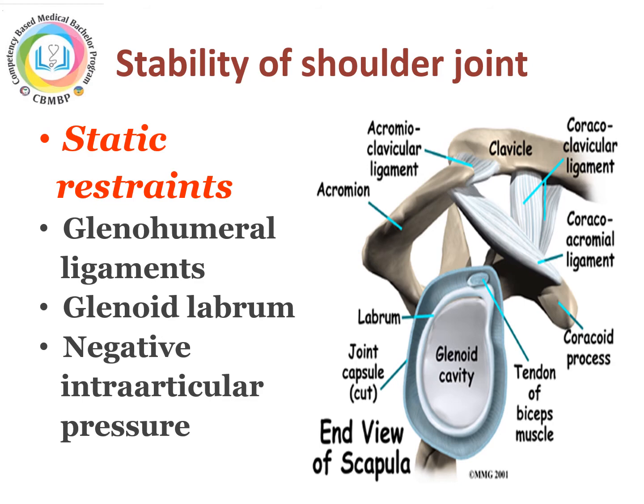These are the three main static restraints considered in the stability of the shoulder joint.